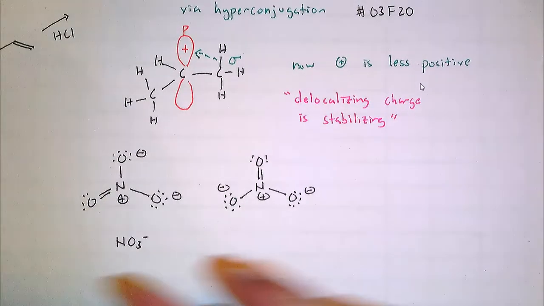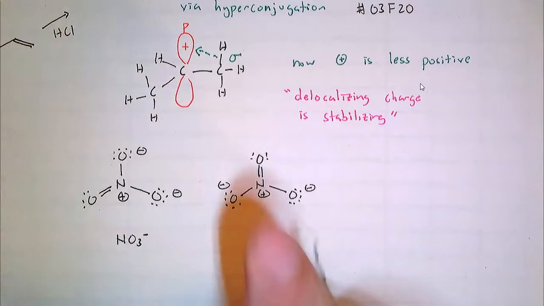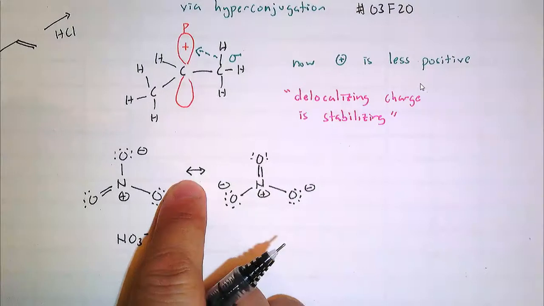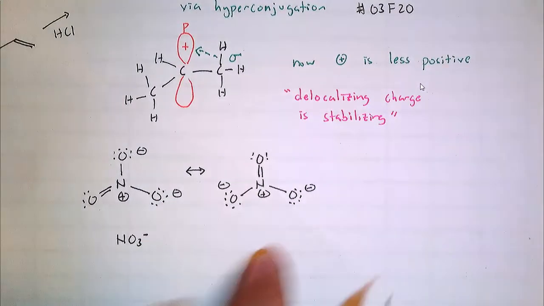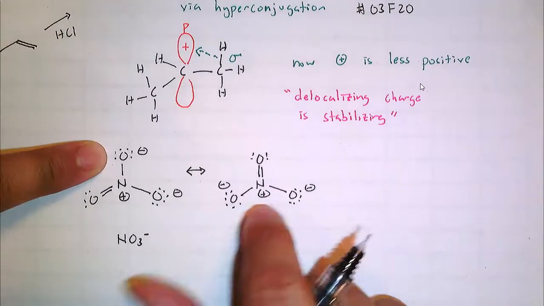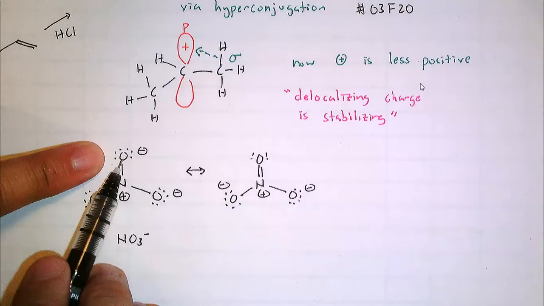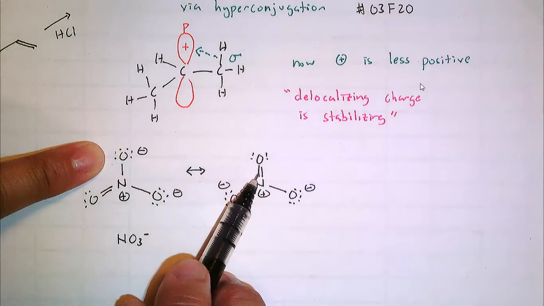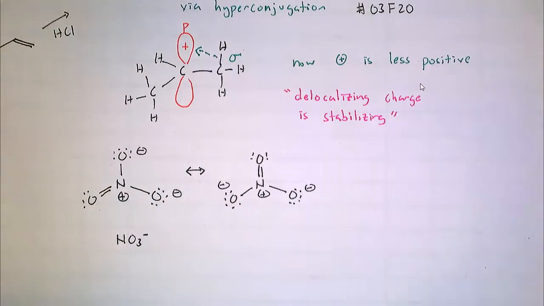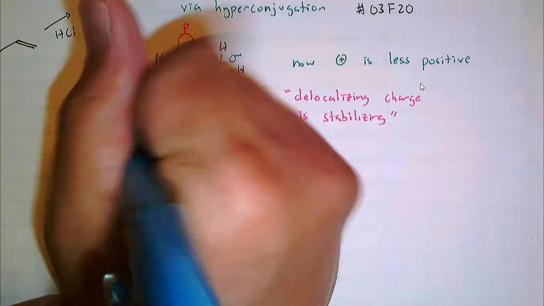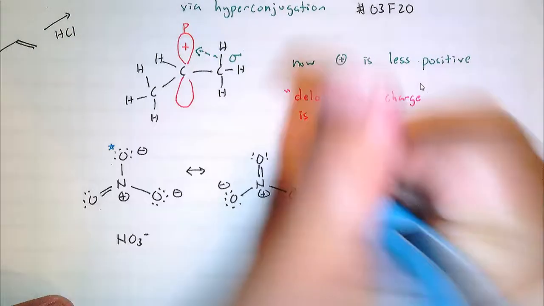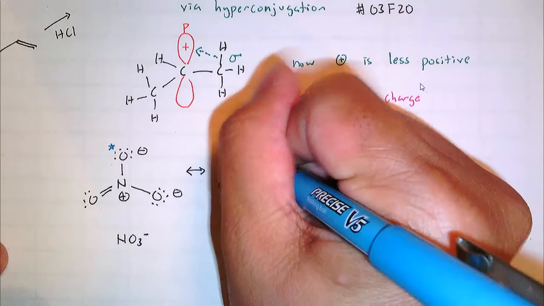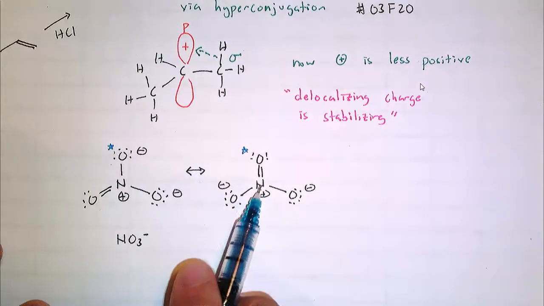Yeah, it looks like that. But when you have resonance and you draw this double-headed arrow indicating resonance, what you're really saying is that you keep the atoms static, and this oxygen atom has partial single bond character, partial double bond character. So if there's a way for us to mark the atom like a star, it's not that the star now is down here. This is still the starred oxygen. It's just that now it has double bond character.